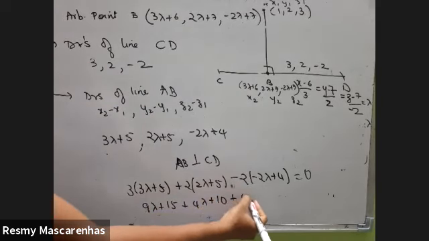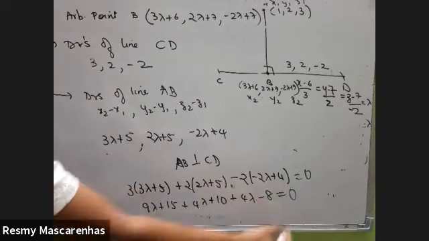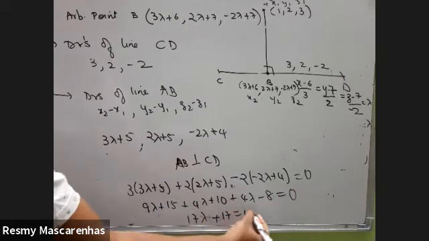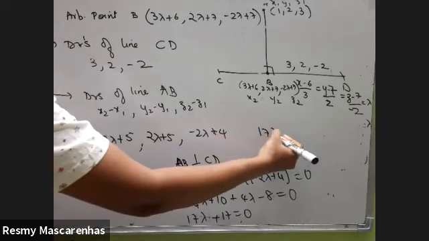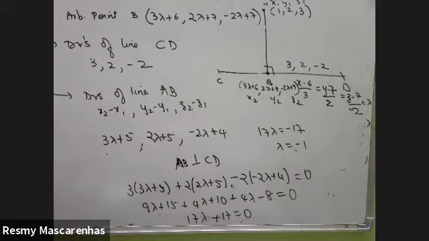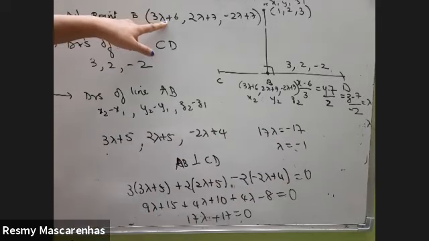Therefore 17 lambda is equal to minus 17. Lambda will be minus 1. And now put minus 1 over here.